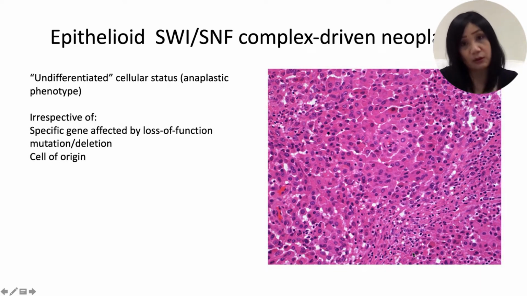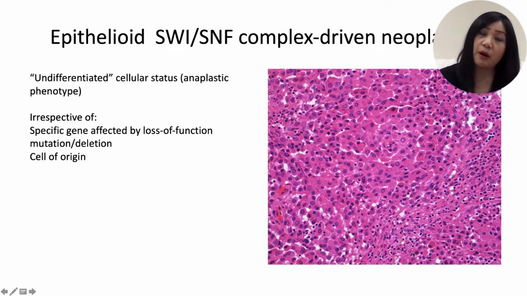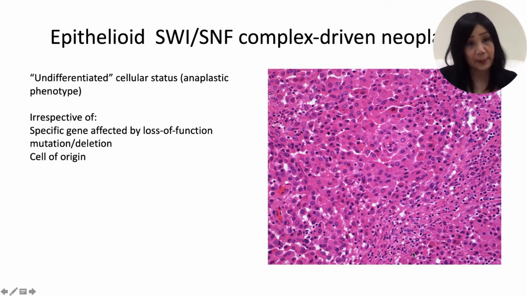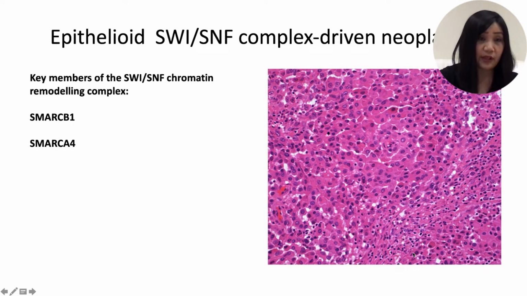For reasons that are not clear to us, tumours with deficiency in a member of this complex manifest histologically with this undifferentiated epithelioid cellular status. We don't know why that happens, and this happens irrespective of the specific gene of that complex which is affected and irrespective of the cell of origin.